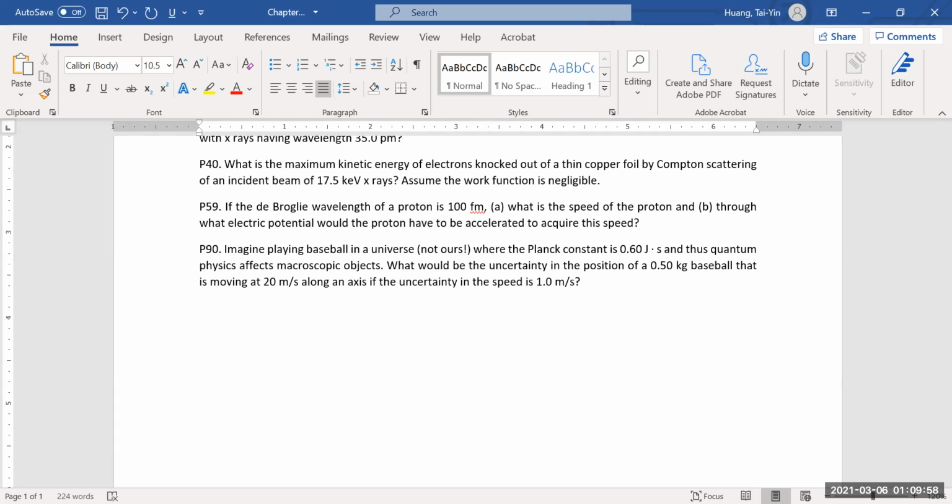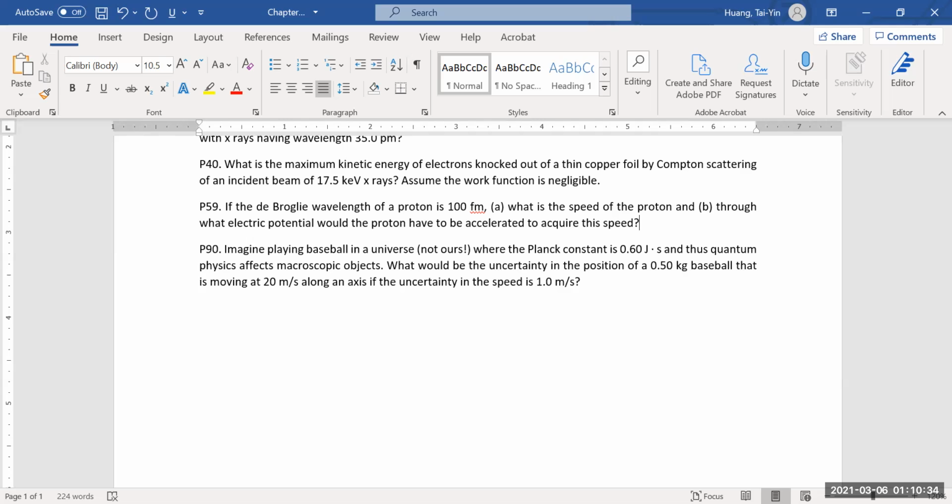Actually, the problem will just tell you, so let me read the problem. Imagine playing baseball in your universe, not ours, where the Planck constant is 0.6 joule-seconds, and thus quantum physics affects macroscopic objects.